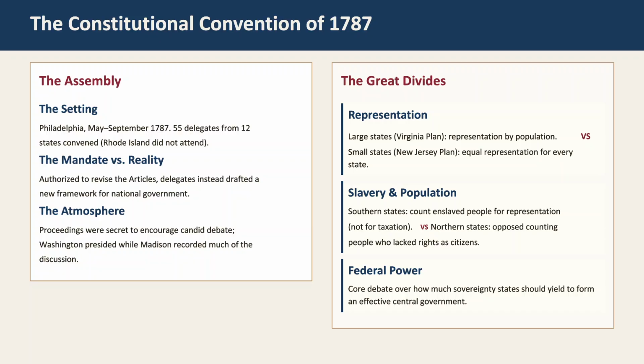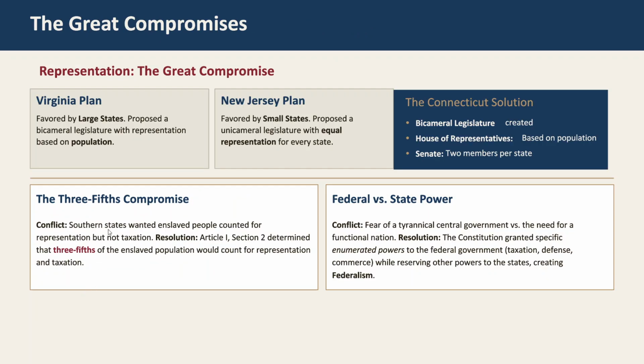And the fundamental argument was, how much power should this new federal government have? That was the center of all the debate between the two factions, and so the two factions had to come to a compromise.